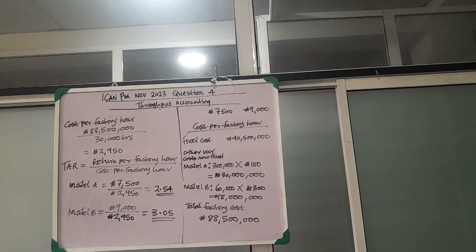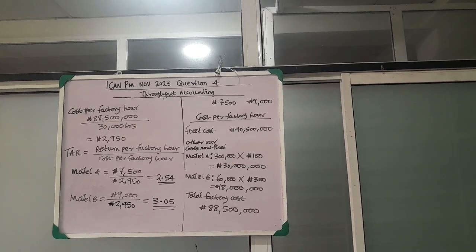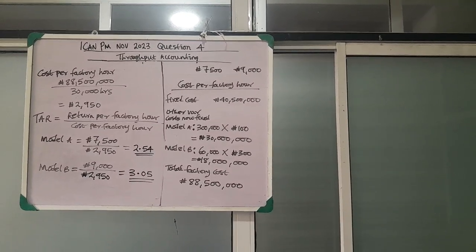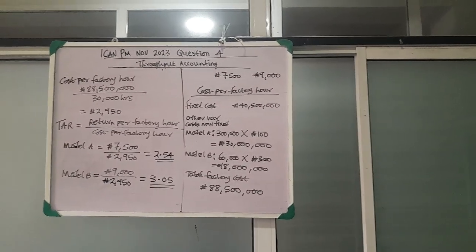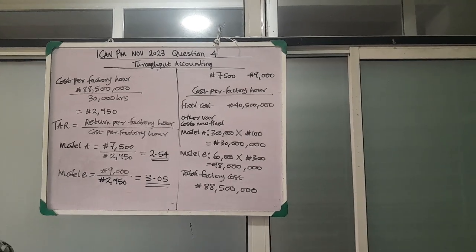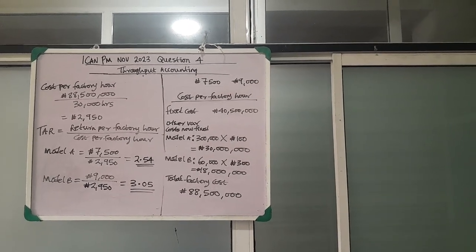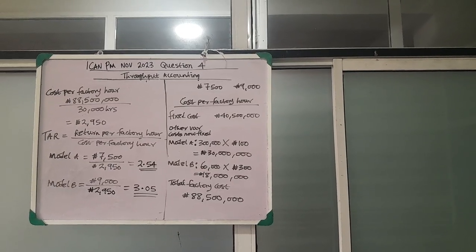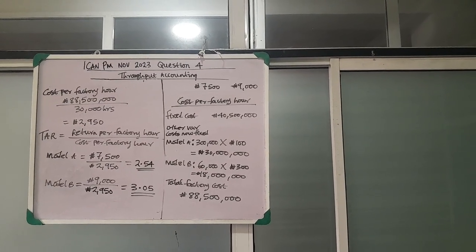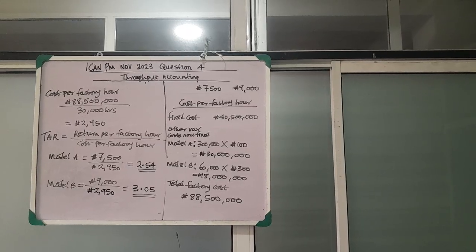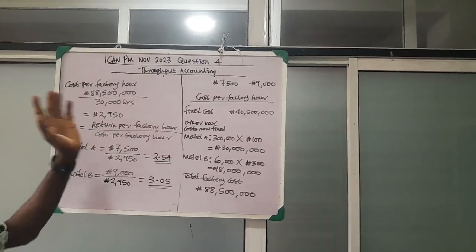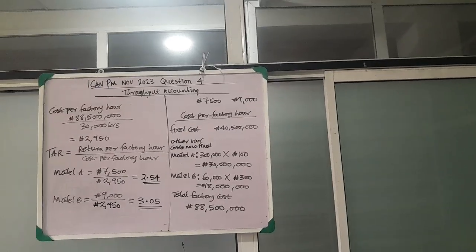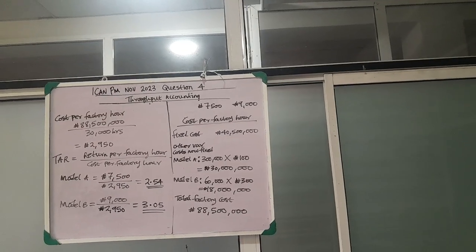The C part of the equation says, using throughput accounting principles, advise management of the quantities of each model that should be manufactured, which will maximize profit, and prepare a projection of the net profit that would be earned by PK Limited next year. Now, the same thing we did in the A, but this time using the principle of throughput.